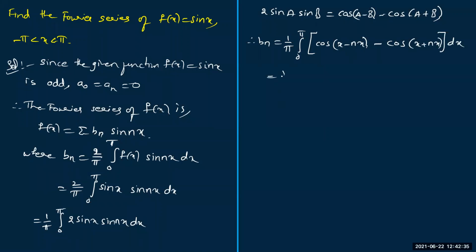Taking x common, we get cos of 1 minus n into x minus cos of 1 plus n into x. Now you can easily integrate these two functions.